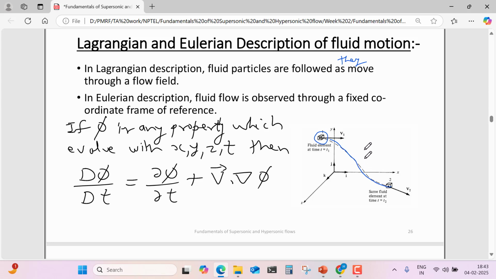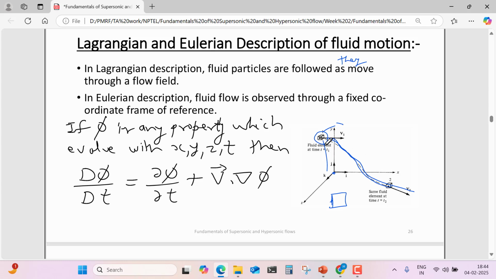Let's think like we are standing on this fluid particle and observing the flow. Then this is called the Lagrangian description. In the Eulerian description, we observe from a fixed coordinate frame of reference. Let's say we are standing here at a fixed location and we are observing the movement of this fluid particle. This is called the Eulerian description.